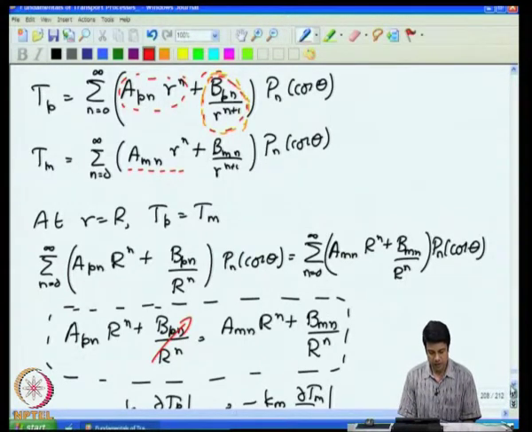Similarly, in the matrix, I have two contributions, one of which is growing proportional to r to the power n, the other is decaying proportional to 1 over r to the power n plus 1. The decaying contribution to the temperature of course goes to 0 far away. As you go a large distance from the particle, the temperature has to be equal to T prime times Z, in the sense that the temperature has to increase proportional to r times cos theta as r becomes large.